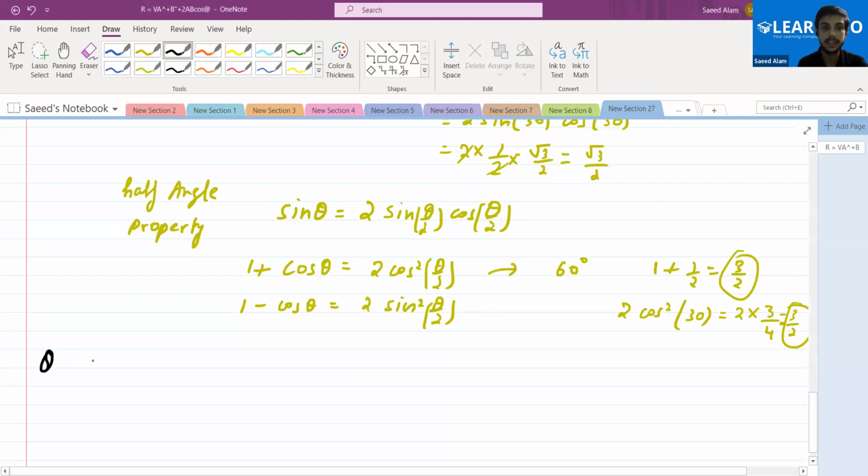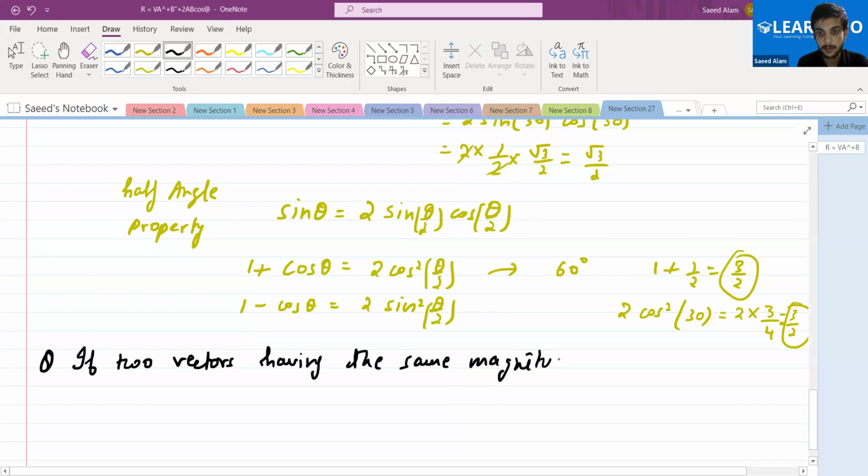Sure. Okay, write the question: if two vectors having the same magnitude p, having an angle theta, are added.